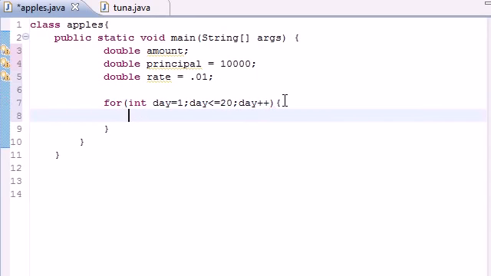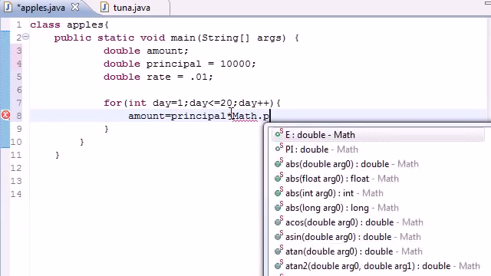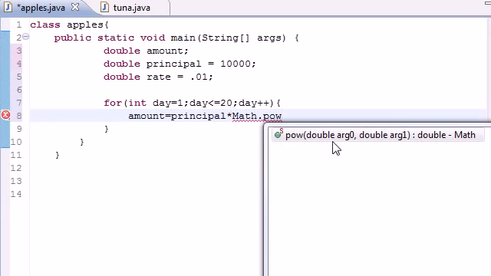Now let's get to the good stuff. We want to solve for amount, so that's what we're going to be setting it equal to, since we don't know what it is yet, but we do know the formula for it. It's principal, and make sure you type these right, principal, times something to the power, and this calls for an outside method, Math.pow. You can see right here that it takes two arguments. The first argument is what's in the parentheses, and the second argument is the exponent.